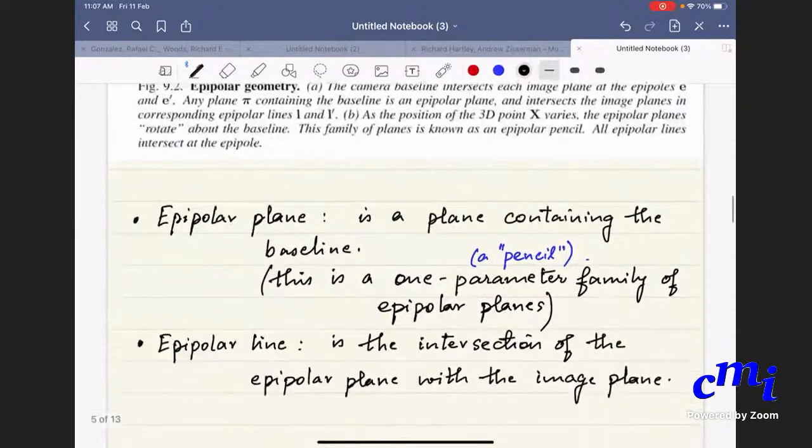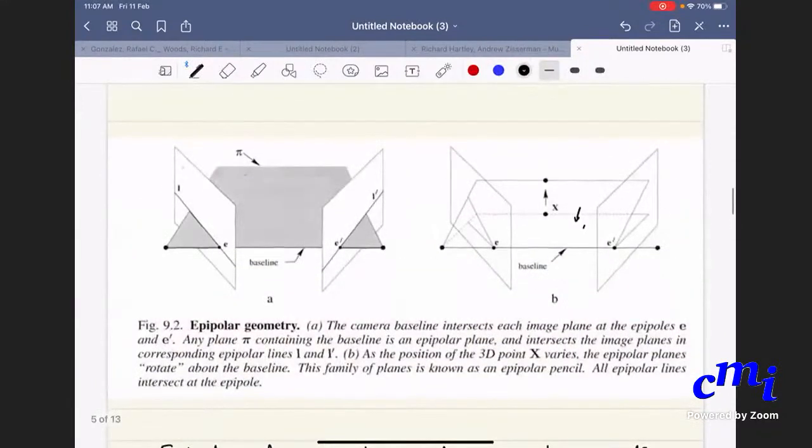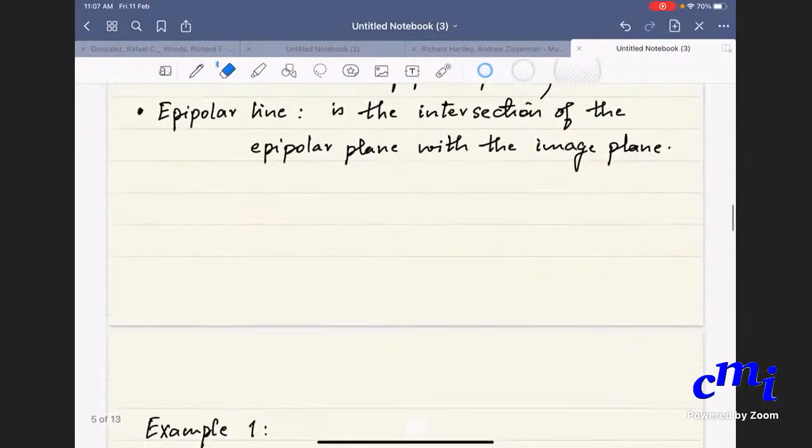Another important thing is that all these epipolar lines intersect at the epipole. That is clear from the picture, but I think it is worth writing down. All epipolar lines intersect at the epipole.